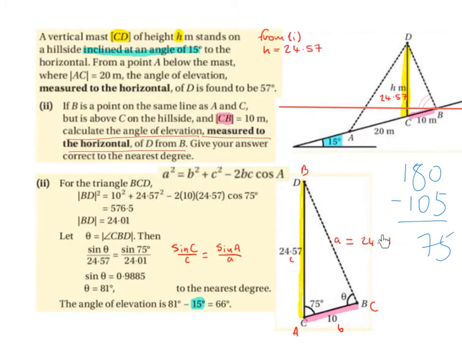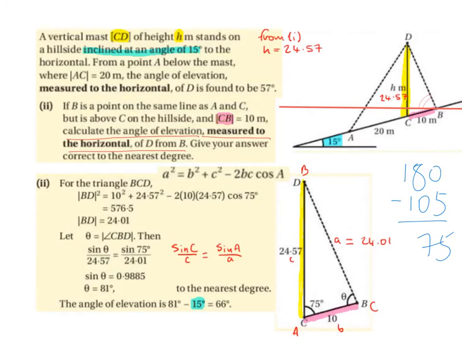Then I'm going to label angle theta that I'm looking for as C, and the side opposite that is lowercase c. And then the other angle is going to be B, and the side opposite that, which is 10, is going to be lowercase b.